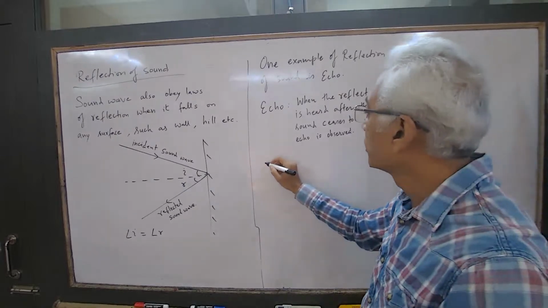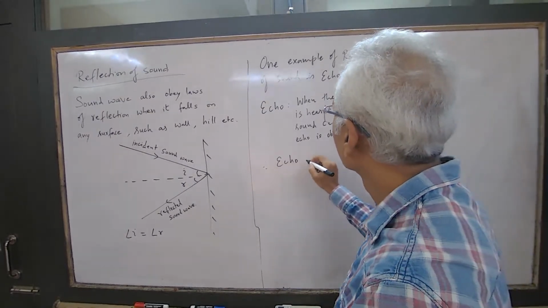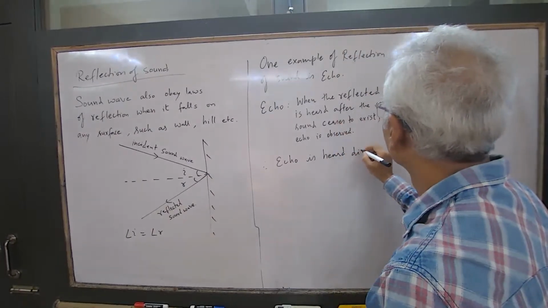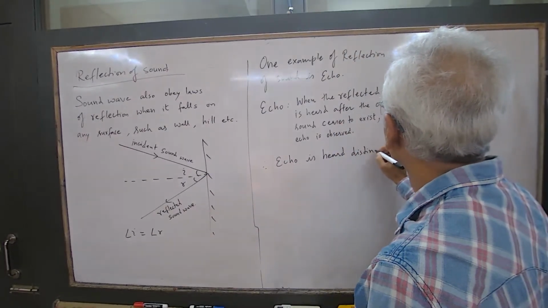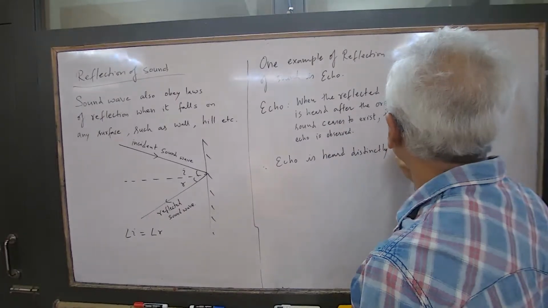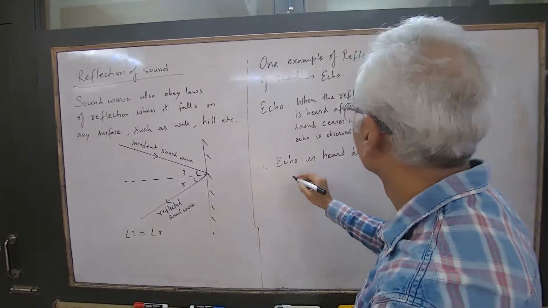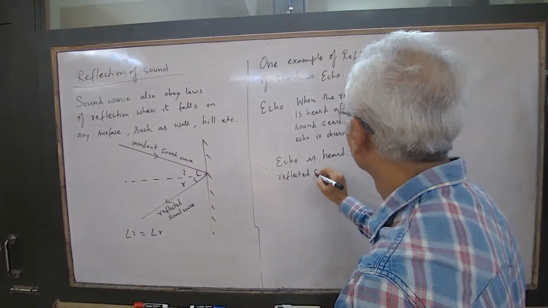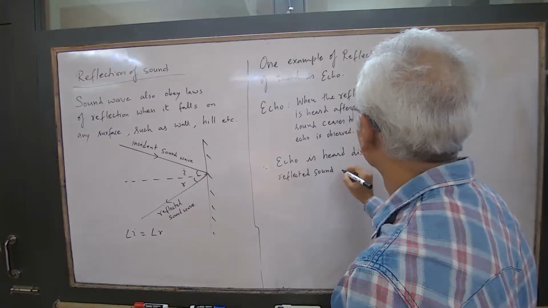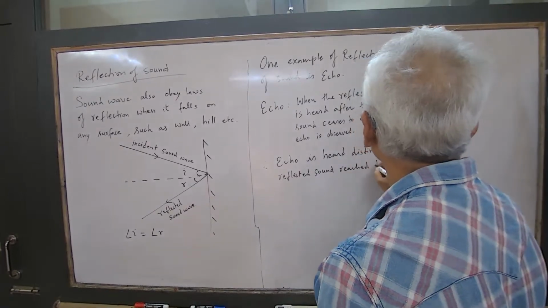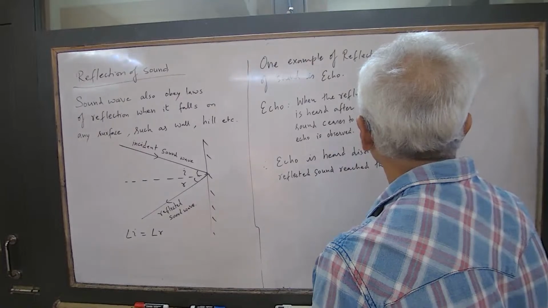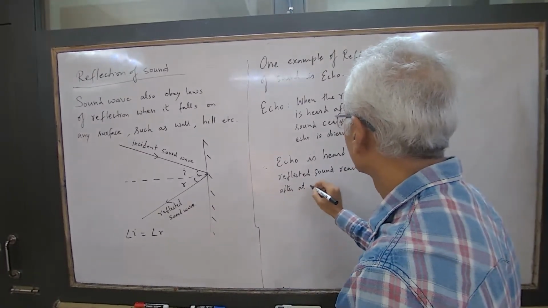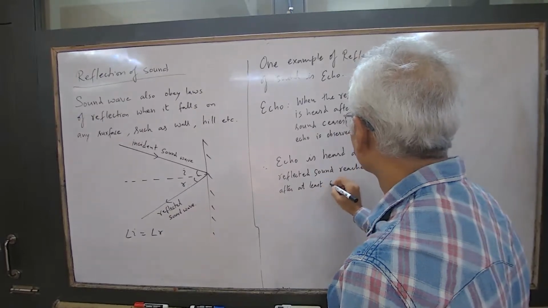Okay? Therefore, echo is heard distinctly when reflected sound reaches the listener after at least 0.1 second.